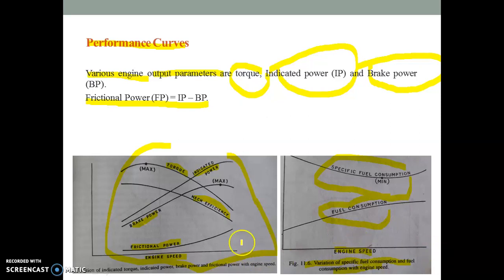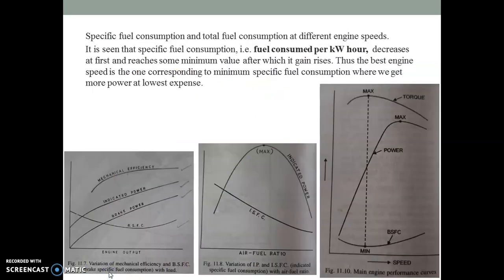So these two graphs show the variation in different variables with respect to the engine speed. So here some different graphical representations are shown.